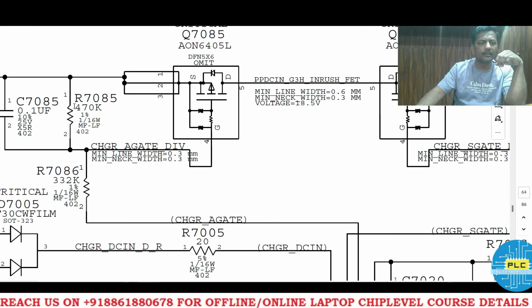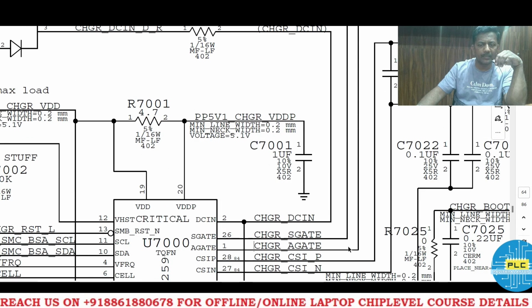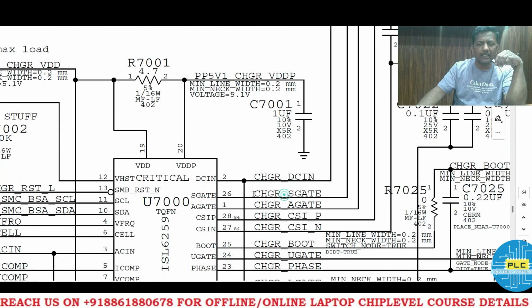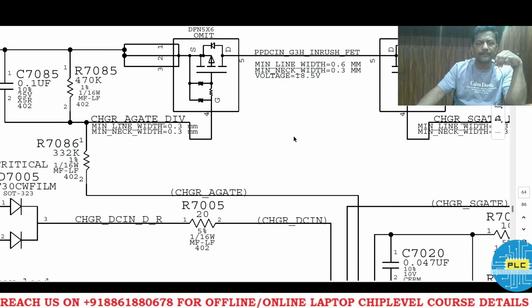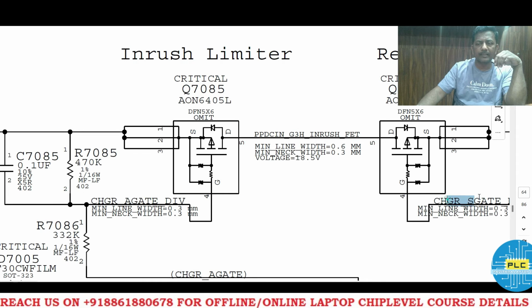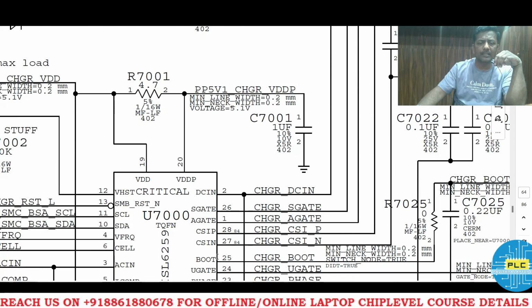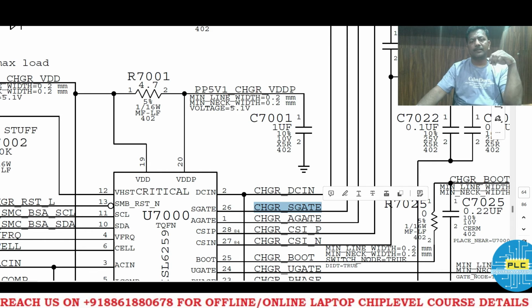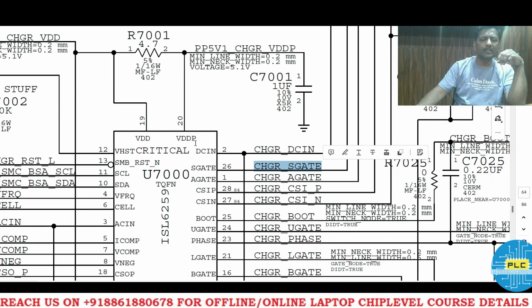See, here charge A gate is coming through this pin number 1. Similarly, S gate, okay. For the second MOSFET also, the charging IC is giving, correct. So now how many pins got over?